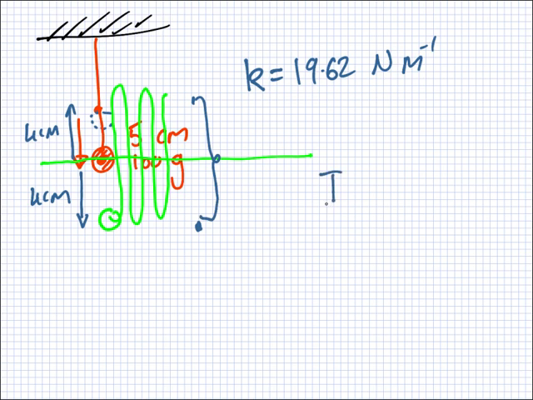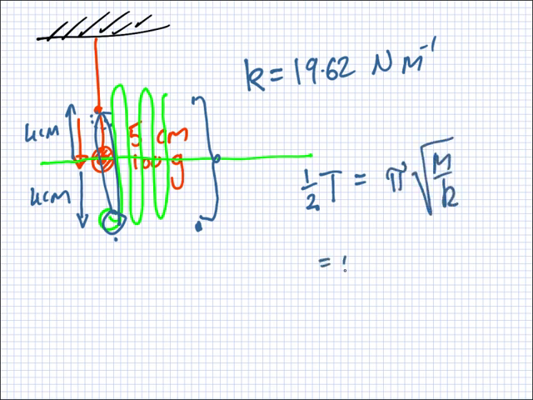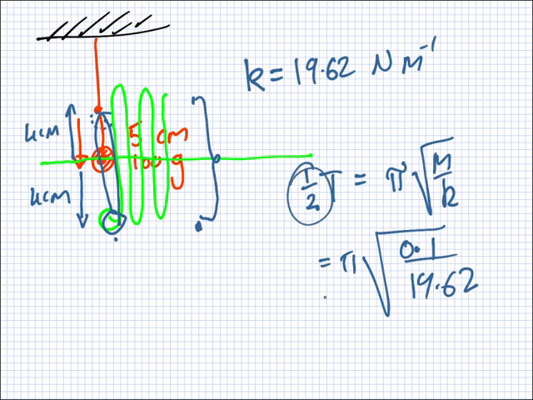No, it's a half T, because T would be up and down. And I want the time to go from the bottom to the top. So that formula is half T, which would be pi root m over k. So that's pi root 0.1 over 19.62. No, because it's a half T.